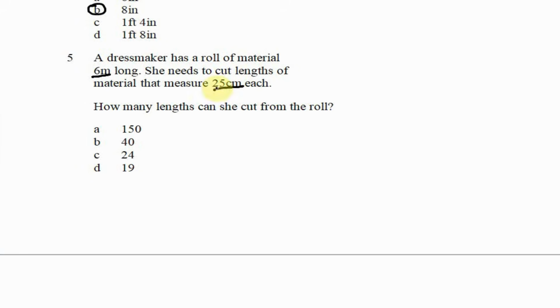Of course, you could have also converted the 25 centimeters to meters as well. Once both units are the same, then it's pretty much workable. Key thing to note is that 1 meter is equal to 100 centimeters. Very important thing to note.